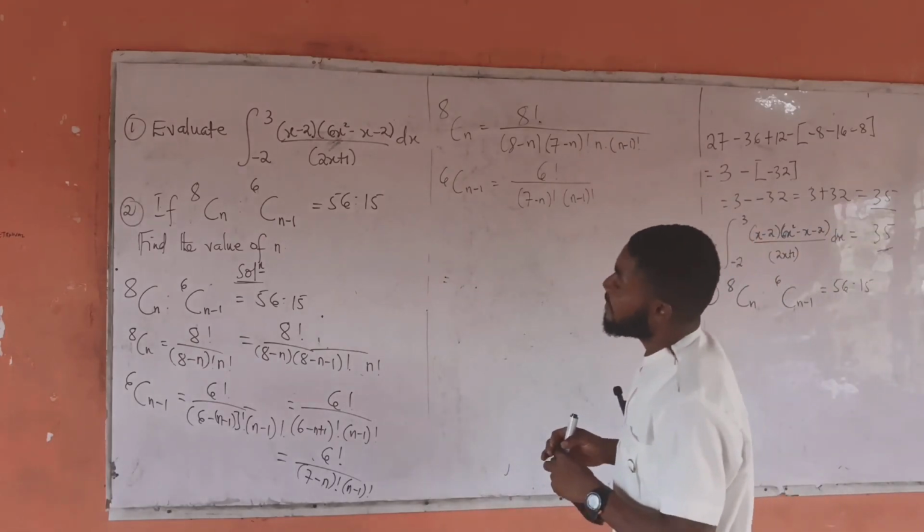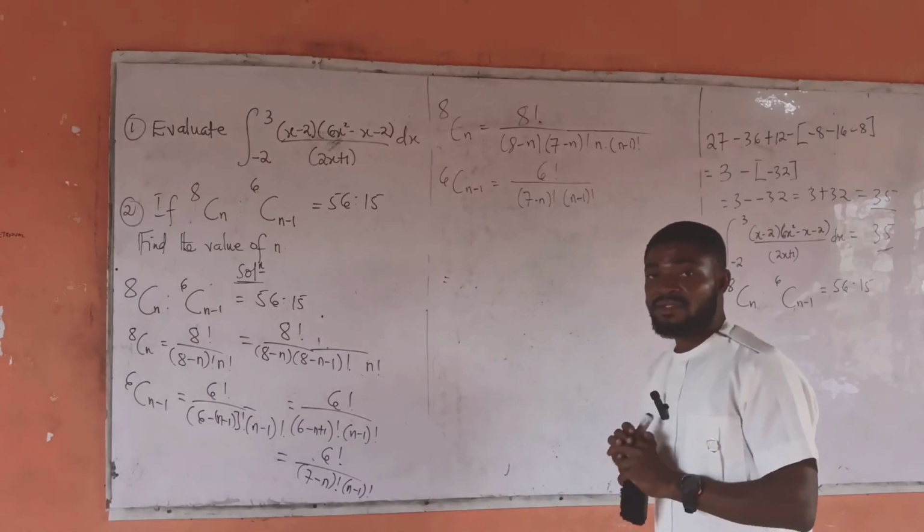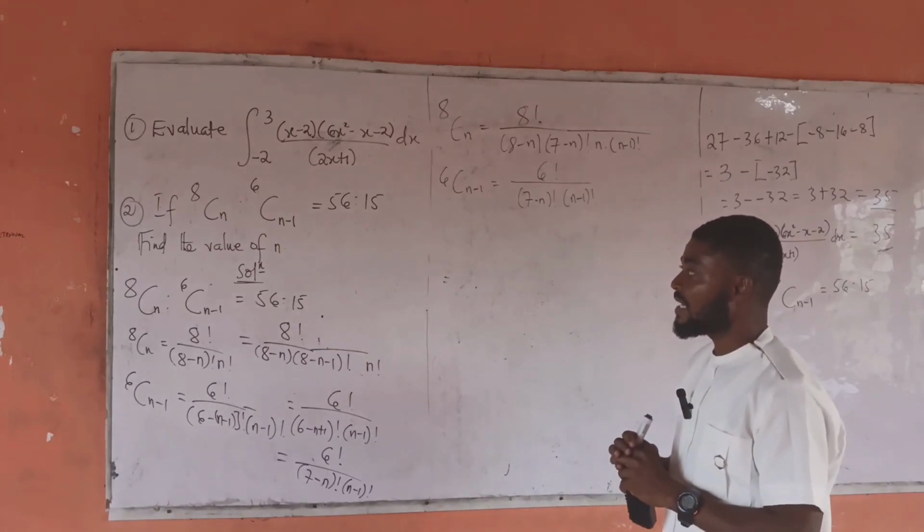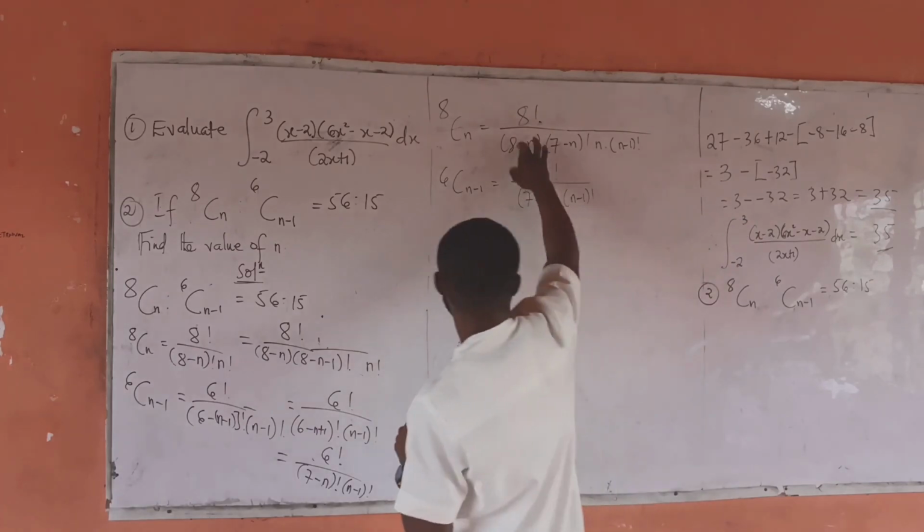Now we had 8 combination n is to 6 combination n minus 1. This is the result that we get.